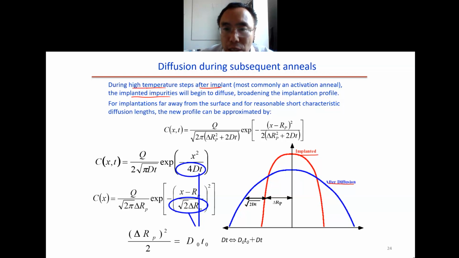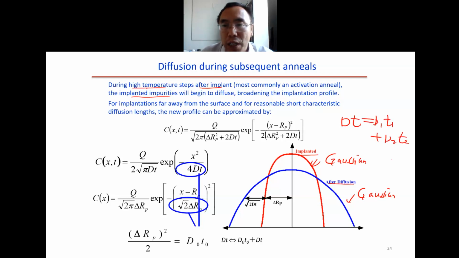We know that this red curve is Gaussian, and we have also shown that the Gaussian after diffusion will also be Gaussian. For the Gaussian, what we need to know is the Dt value. And we know that Dt is D1 t1 plus D2 t2, as we learned in chapter 7.